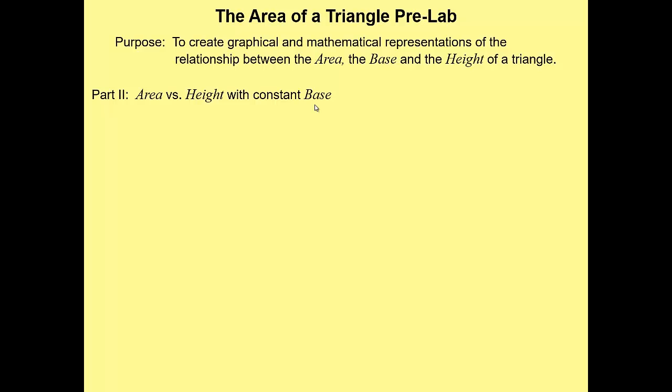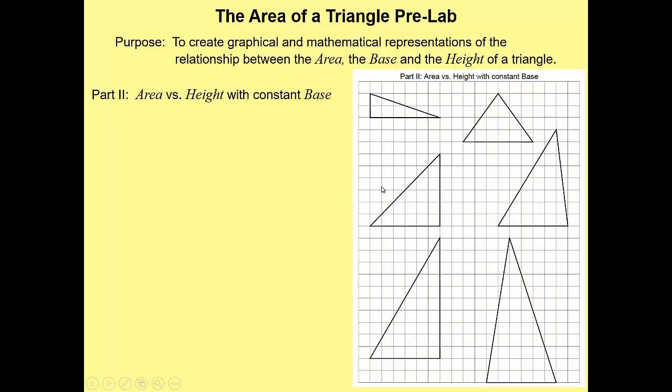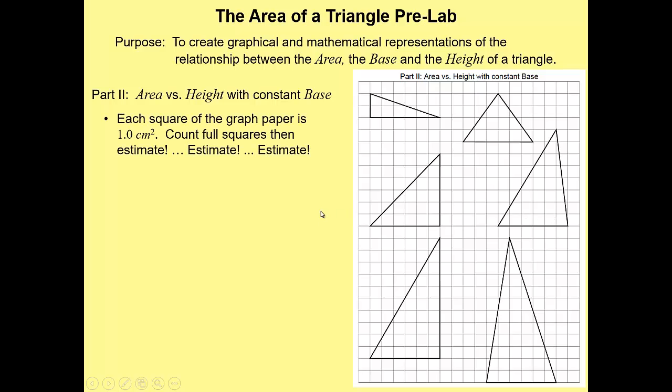So the second part of the lab will be area versus height with constant base. Very similar way, you'll get actually the back side of the paper, right? And if you notice, these all have the same base. Again, nice bases, right? But they vary by height. Again, you're going to have to do quite a bit of estimation on these 1 centimeter squares, right?